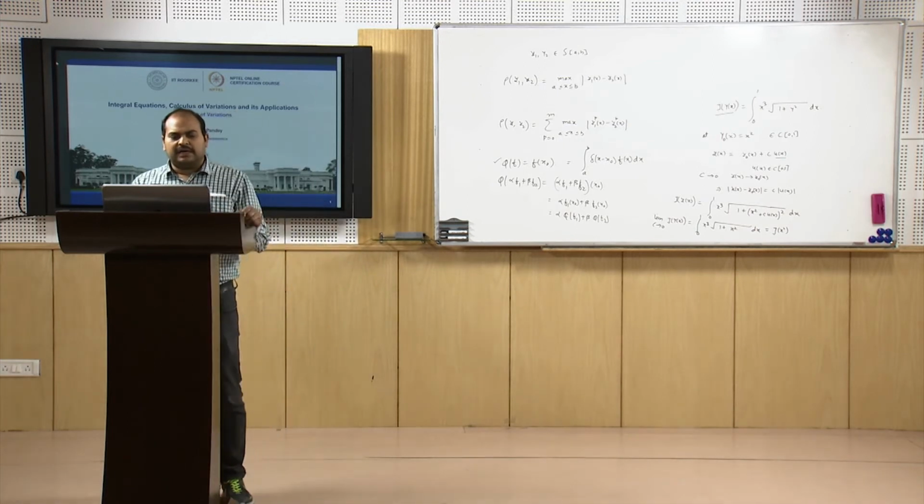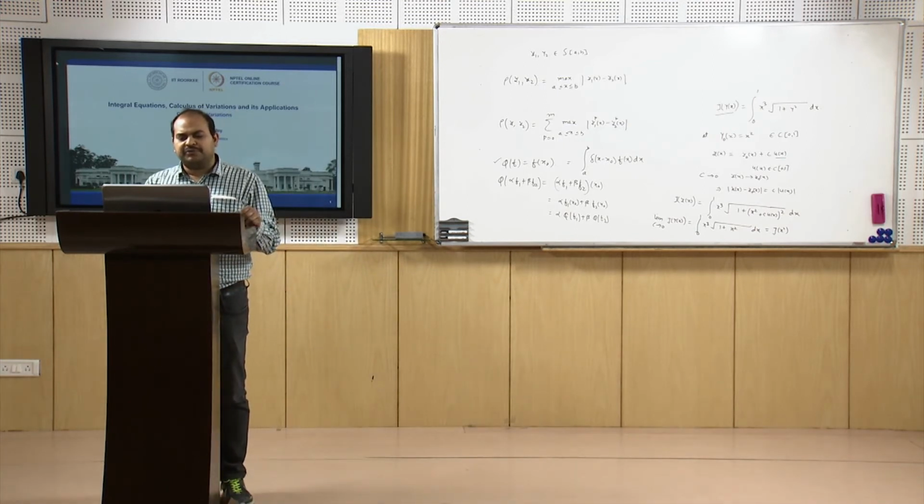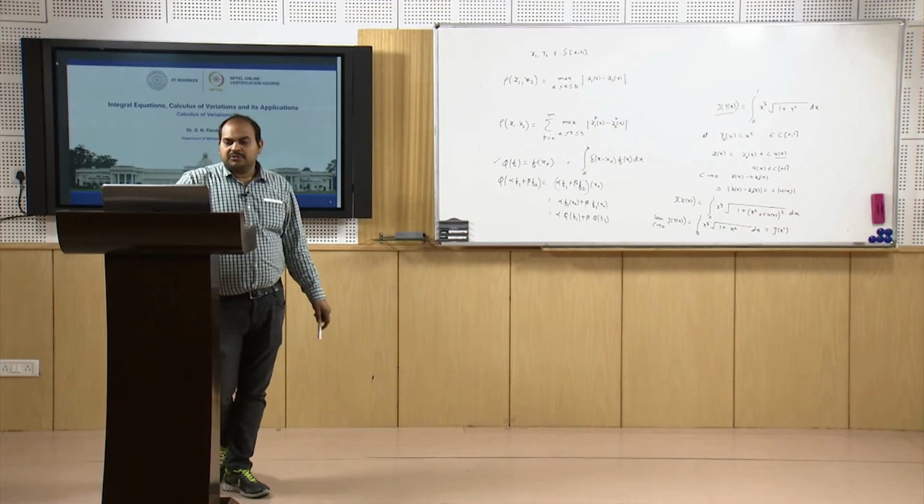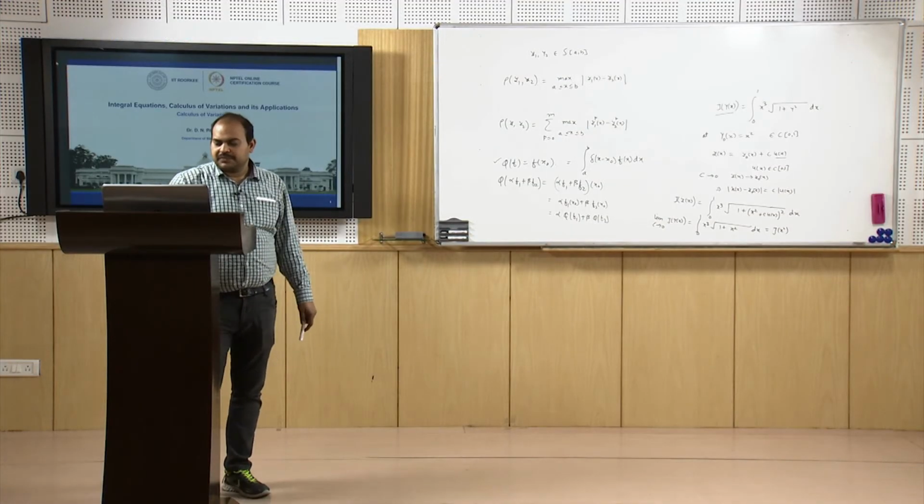Similarly, the integral phi of f, which is defined as the integral from a to b of alpha of x times f of x dx, is also a linear functional. You can check in the same way, you just go and check the definition, okay.